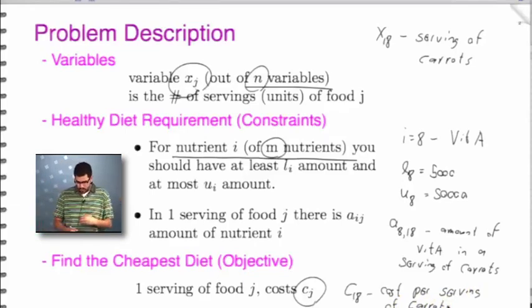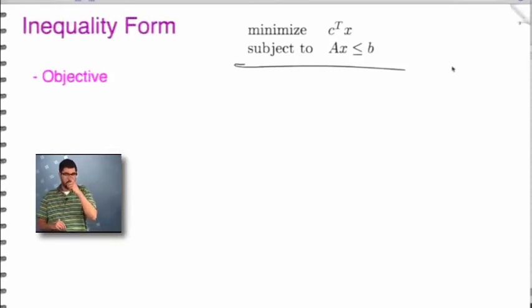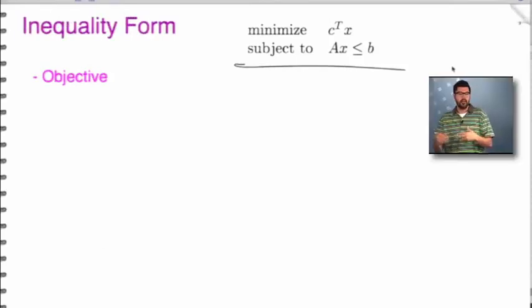So now, let's go ahead and formulate it. Hopefully now we understand what our problem is. So we're going to put it into inequality form, as we had talked about. And our objective is easy, all right? Let's say we buy a little bit. We don't actually know how many servings of carrots, but I'm going to leave it as a variable.